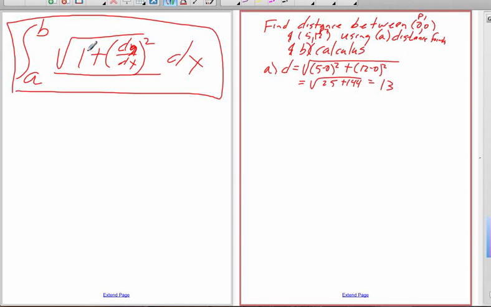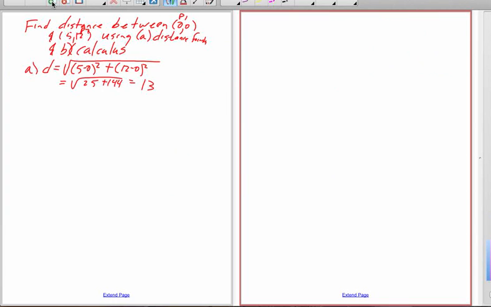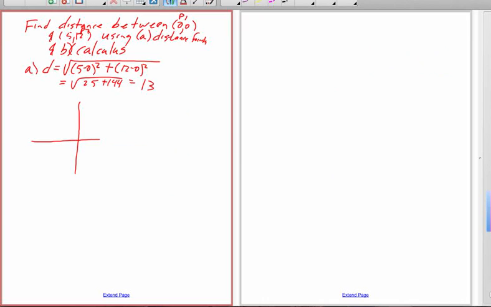Okay, now on this one we have to do a little bit of cogitating and thinking about calculus. So let's take a look at what we're doing here. I've got a point here, that's my point A. I've got another point up here. And we're trying to find the distance between these two. If you think about it, the distance between these two is going to be a straight line.